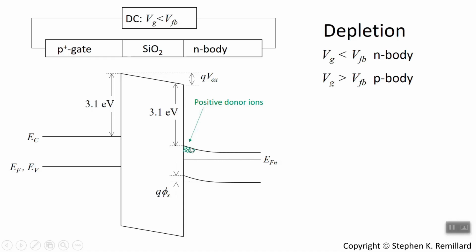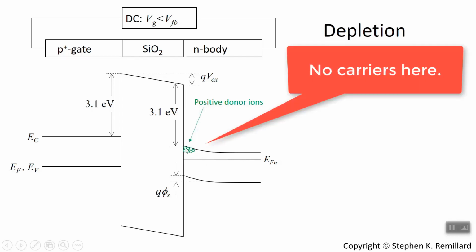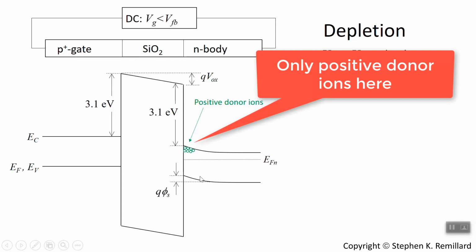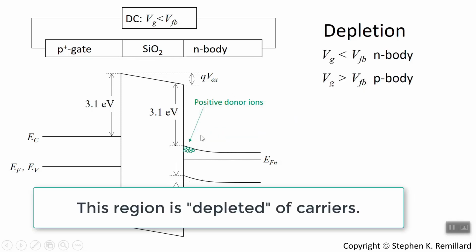Now, when they move up, the difference between the conduction band edge and the Fermi level gets larger, meaning that in this region there are no carriers, no thermally activated electron carriers. All of the electrons in this region have left the region. You're stuck only with those positive donor ions. That is a depletion region. So that's why it's called depletion, because the phenomenon that occurs right here is identical to depletion.